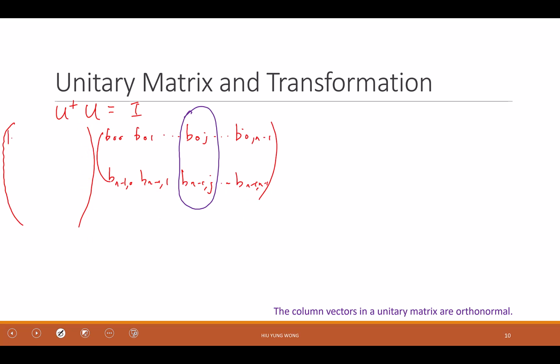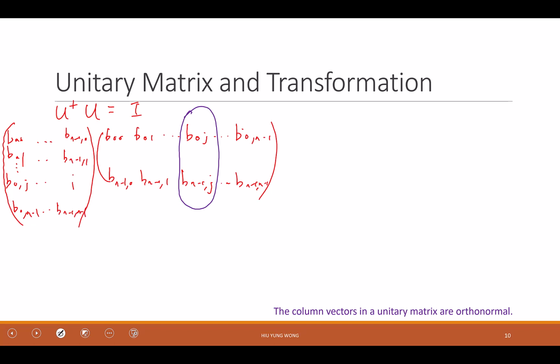This becomes B0,0, B0,1, all the way to B0J, B0,N minus 1. Okay, again, I only do this. And then this one becomes Bn minus 1,0, Bn minus 1,1, all the way to Bn minus 1,N minus 1.